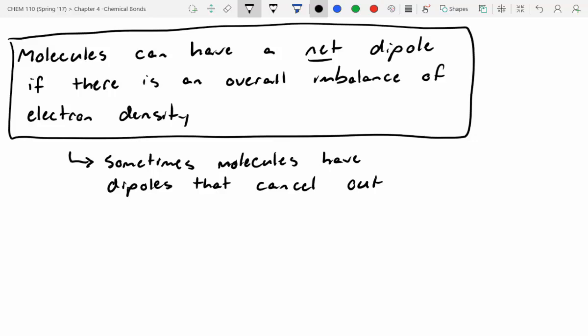Okay, so let's do a practice one. I'll give you guys a molecular formula. First thing I want you to do is to draw the Lewis structure, meaning the 2D structure, and then determine its overall shape, and then decide whether or not the molecule has a net or overall dipole. So the first one I'm going to do is BF3.